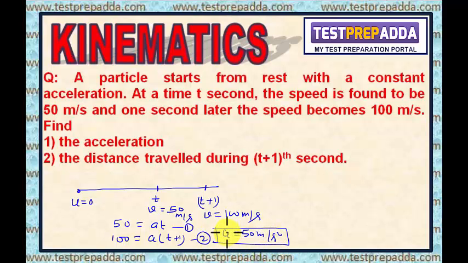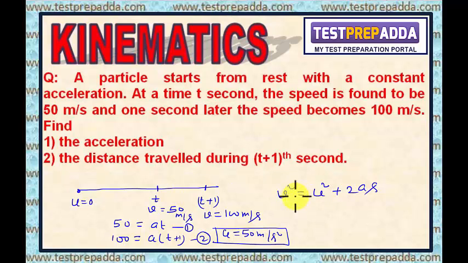Okay. Now, in the second part of the question, it says the distance traveled during this particular second, t plus 1 second. Now, since the velocities are given, I can use v square is equal to u square plus 2as, this equation of motion, to find the distance traveled.